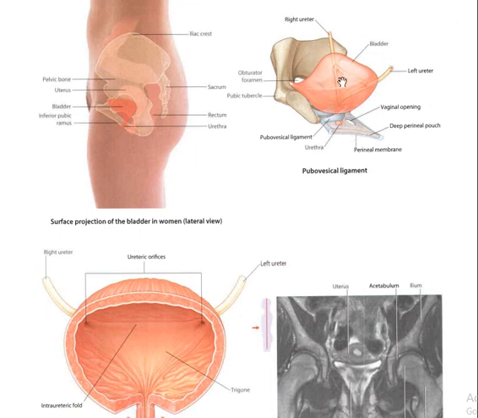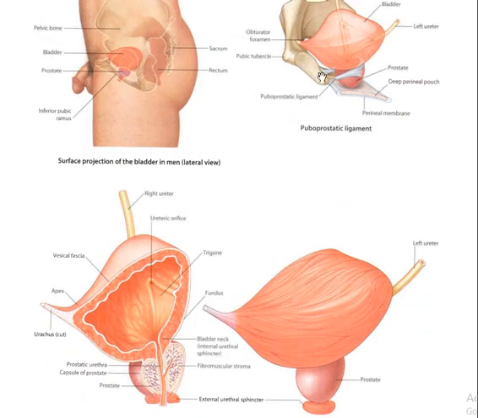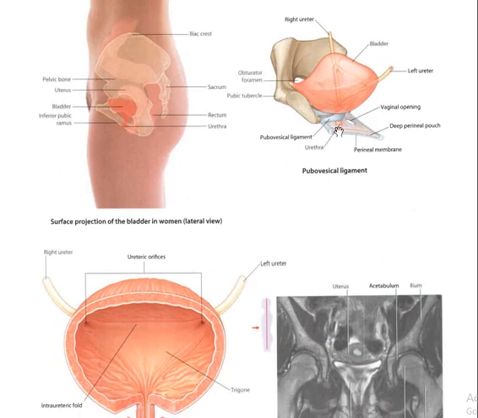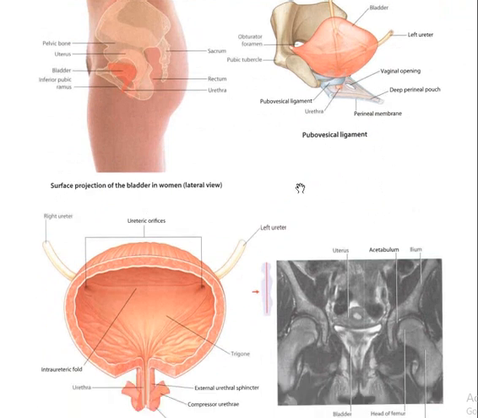Now we have the right ureter here, the bladder here, and the left ureter here. Anteriorly and inferiorly at this position, you know that in the upper diagram you had a prostate gland, so you had a puboprostatic ligament, but in female you don't have a prostate gland, so it's a pubovesical ligament. At this position you're going to have the urethra, here the bladder, and the right and left ureters here. Now let's continue with visualizing the trigone posteriorly.